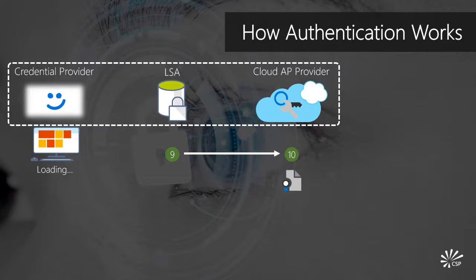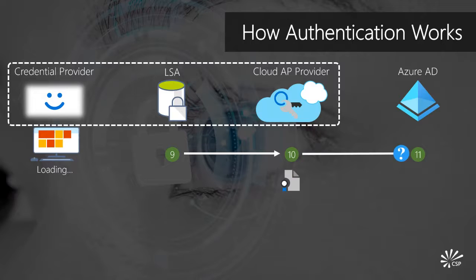This Cloud AP is purpose-built specifically to know how to authenticate against Azure Active Directory, and it is a component that's built into Windows itself, so it lives within the local device. The first thing it's going to do is send a request up to Azure AD and ask for a nonce.